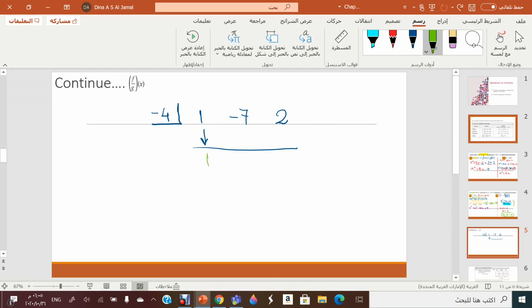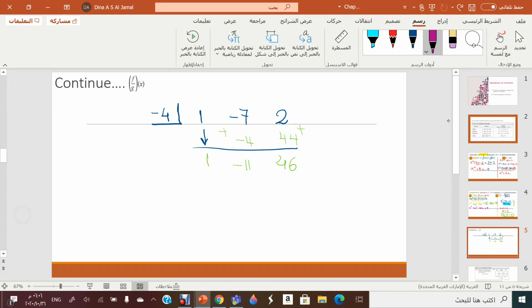So you will be putting 1 as it is, minus 4, then add them together, minus 11, multiply them, you will be getting 44, add them, you will be getting 46.